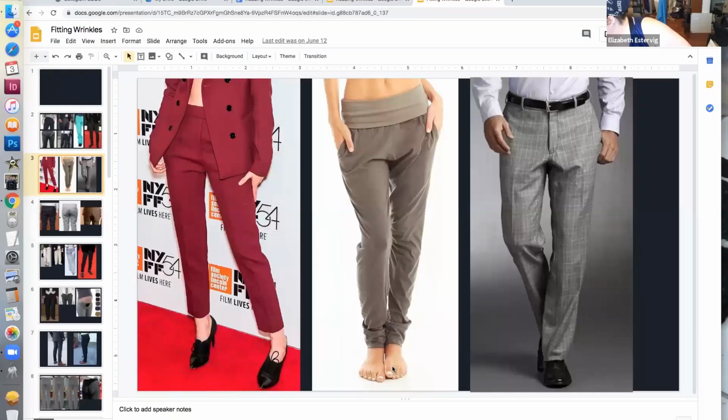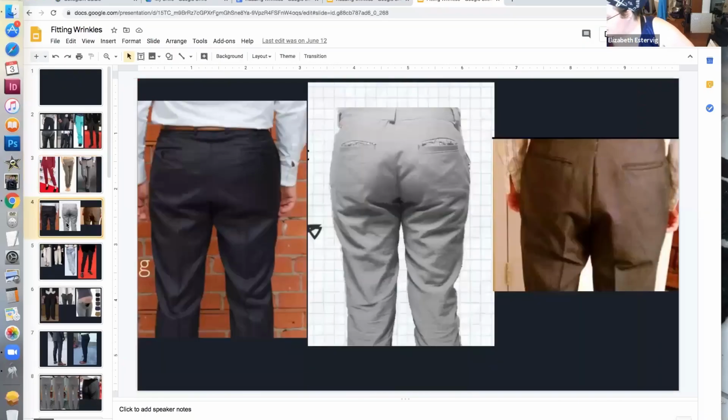All right, so this is basically that same thing, but what it looks like from the back. You also see here the wrinkles underneath the butt, right? It may seem intuitive to want to let it out, or to move it in from one place or another, or to take it out of that bit.